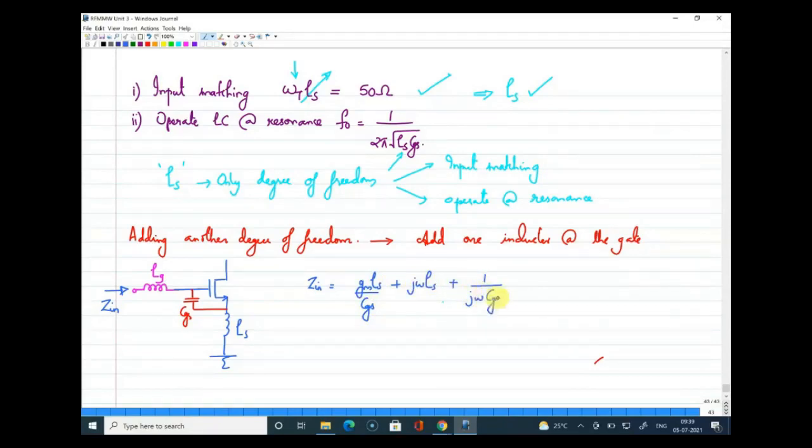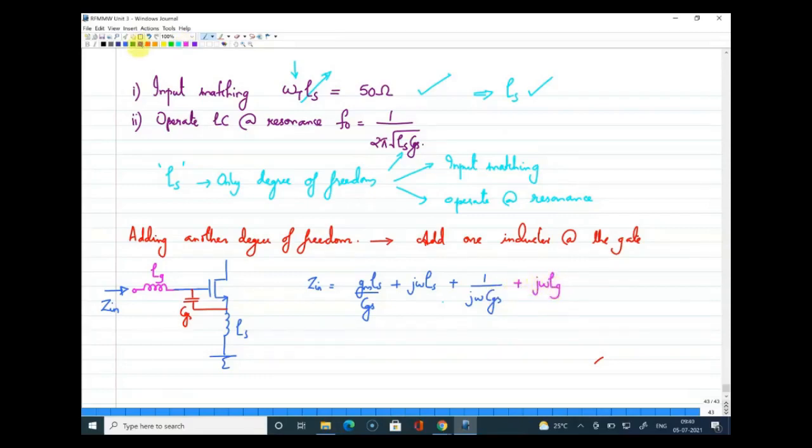This was the input impedance when you had added only Ls. But now if you add an inductance at the gate, the input impedance will be modified, or you will have one more additional term here as j omega into Lg.